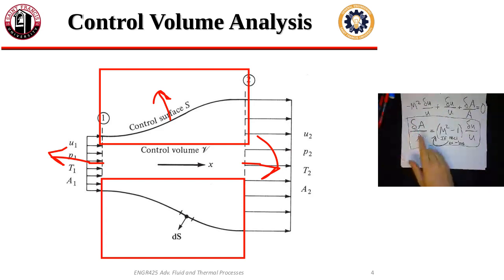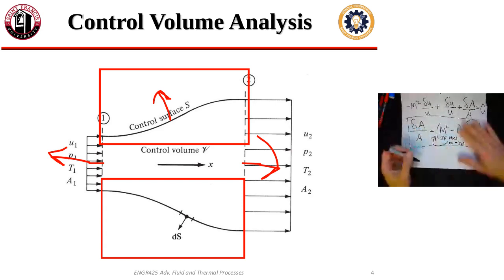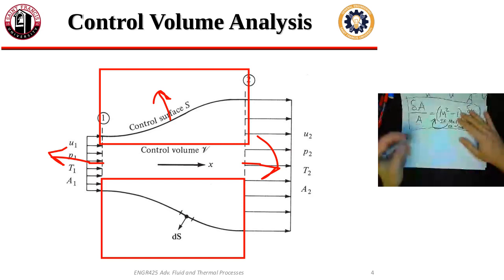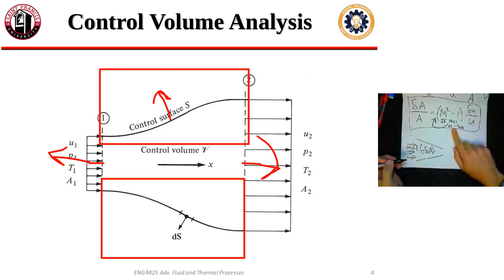Let's say that we have a negative change in area. So we go from a larger duct, a larger opening, to a smaller opening, with this Mach number less than 1 coming in. If dA is negative and Mach number is less than 1, that means that du has to be positive or negative in order to make all the signs work?